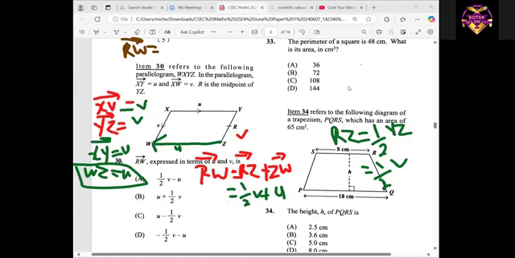Oh, ZW is not U actually. ZW is negative U. I didn't realize what was going on here, so I'll explain from that part. Why is it negative and not positive? Because I now realize something was not right. This vector actually started from X to Y, as we see in this arrow right here.